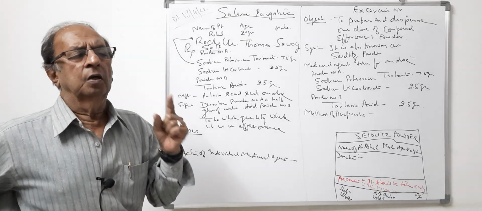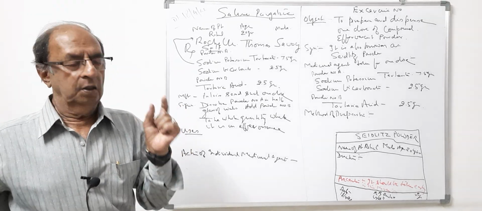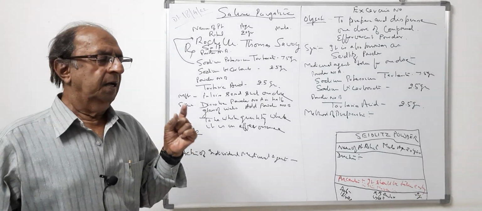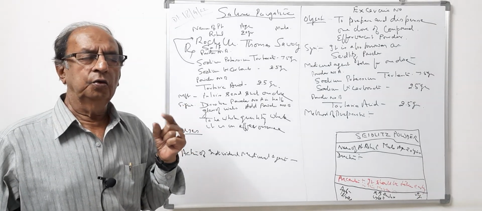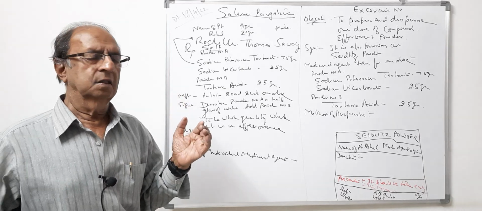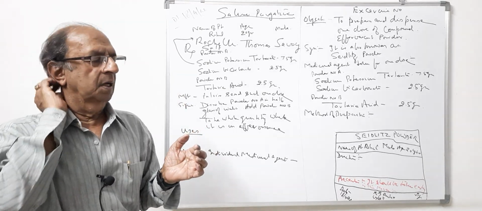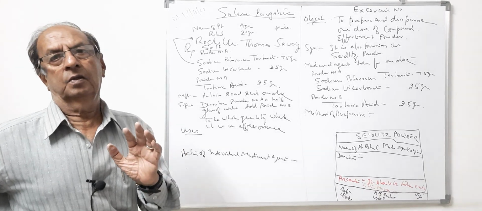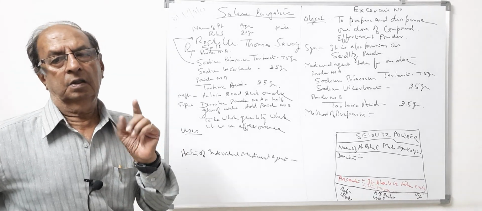Not tomorrow, on Tuesday. I will tell you about how different anti-hypertensive drugs are being used to reduce the hypertension in the person. Persisting hypertension, that I will tell you day after tomorrow.